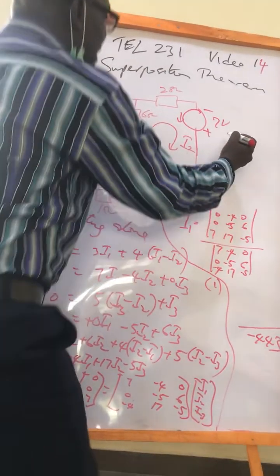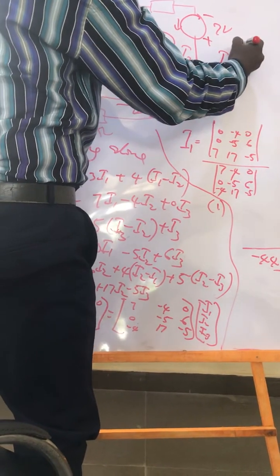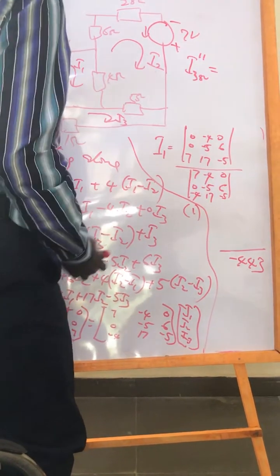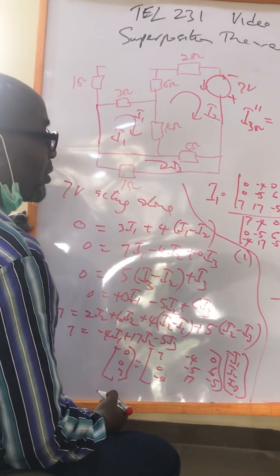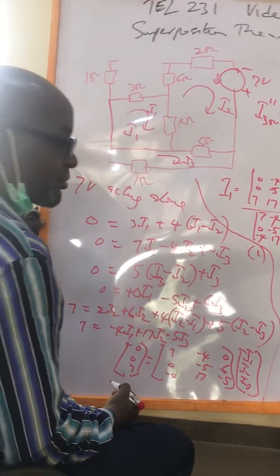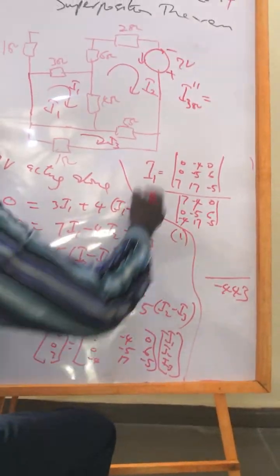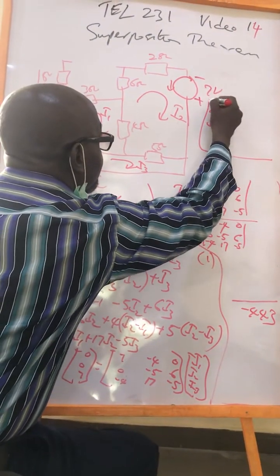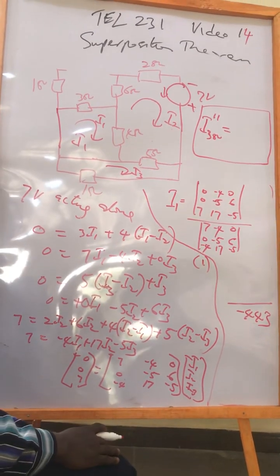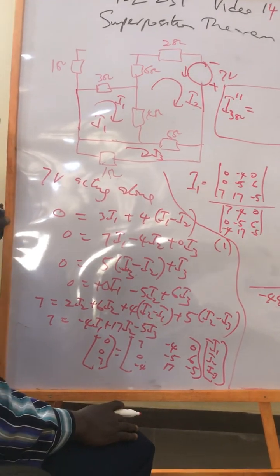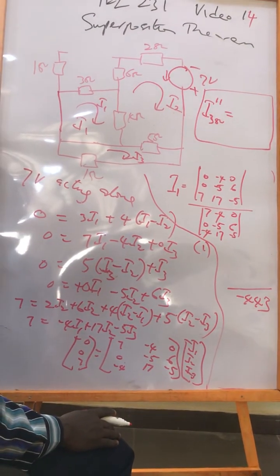So I can now say I3 ohm prime equals... So what do you have? Can you pause? No, don't pause, don't worry, so that we don't run into the same problem.